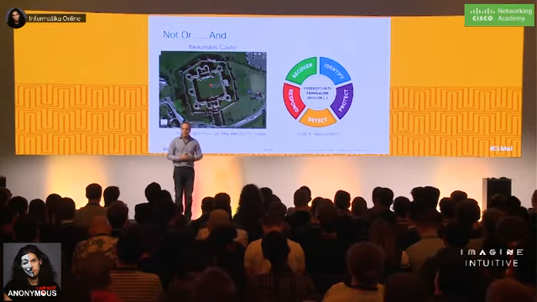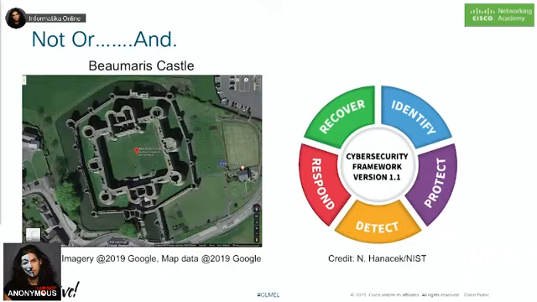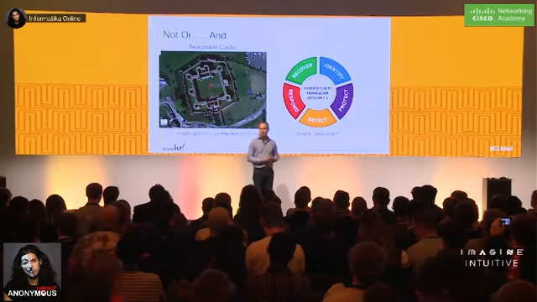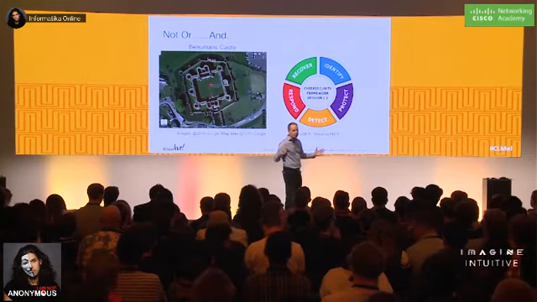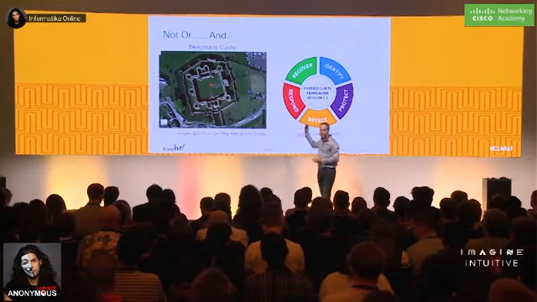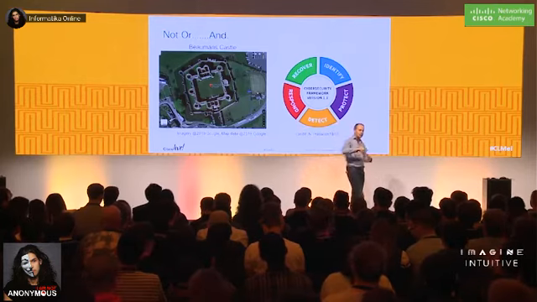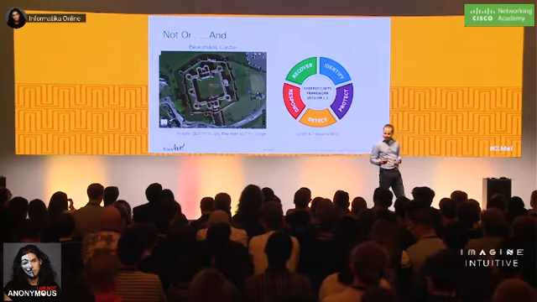This one's from NIST, which is the US National Institute of Standards and Technology. They've got a framework around identifying assets, how you're going to protect, how you're going to detect, how you're going to respond and recover. So from the defender's point of view, that's the life cycle of what you do. And as Earl pointed out, there are lots of roles when we go into the depths and different skill sets required in each of these different elements.